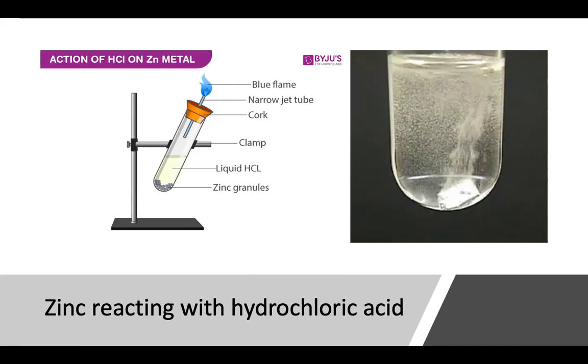But when there is too much hydrogen, it will definitely blast. So use a very small amount of zinc. Actually zinc will dissolve in this, creating zinc chloride. After some time, you will not be able to see zinc. Instead, you will see it is dissolved in the solution, creating zinc chloride.